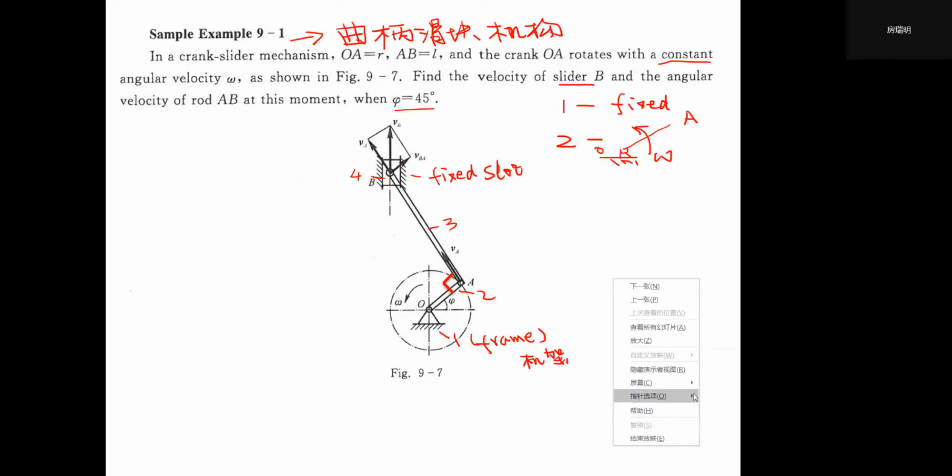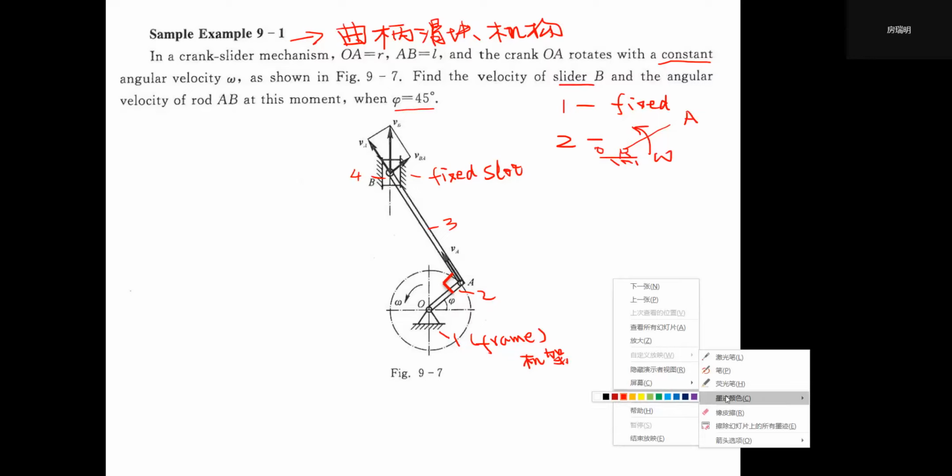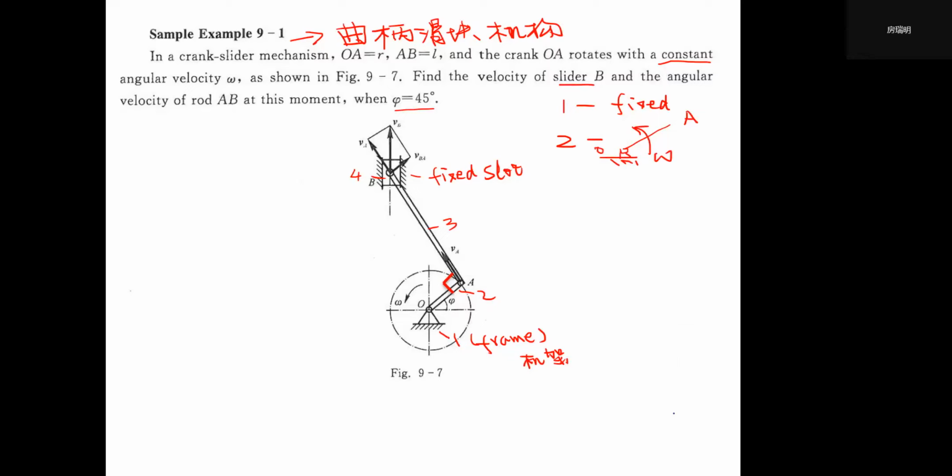That means, if we want, we can give the information of velocity and acceleration of any point on this rod OA. Let's see this point A. We know this direction will be VA, right?